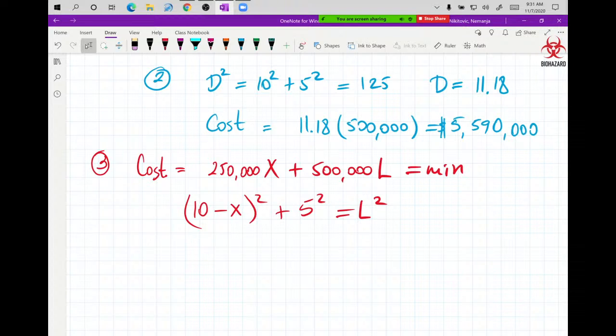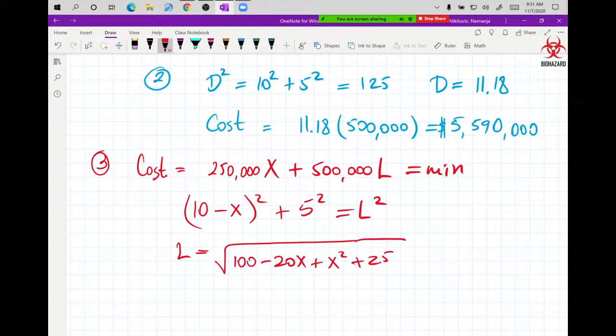So, from this equation, L is equal to the square root of 100 minus 20x plus x squared plus 25, which is the square root of x squared minus 20x plus 125.